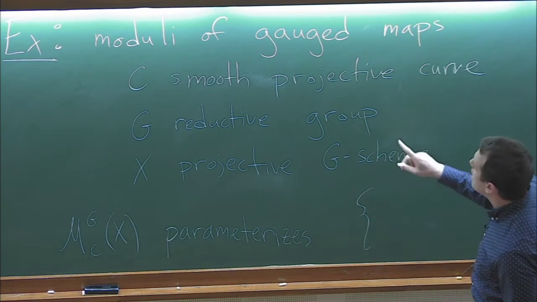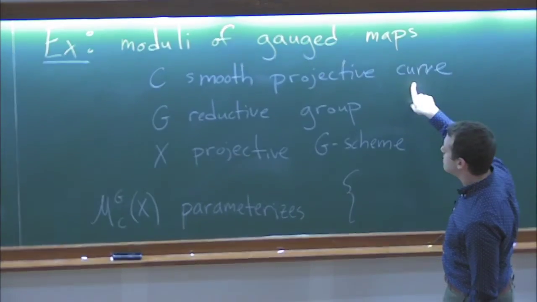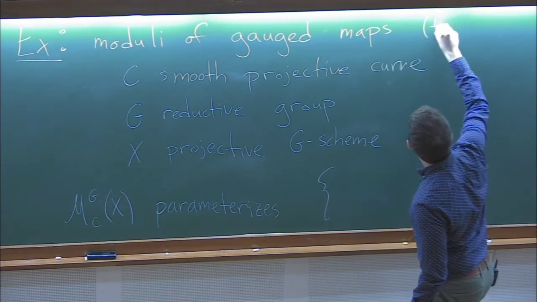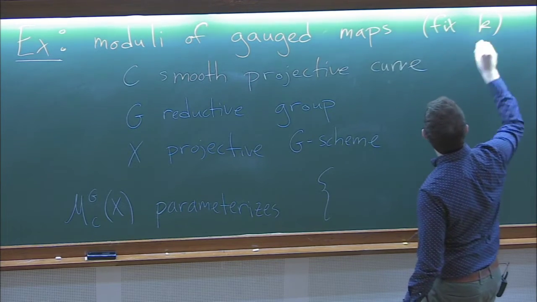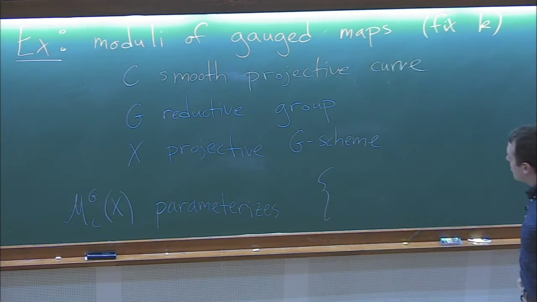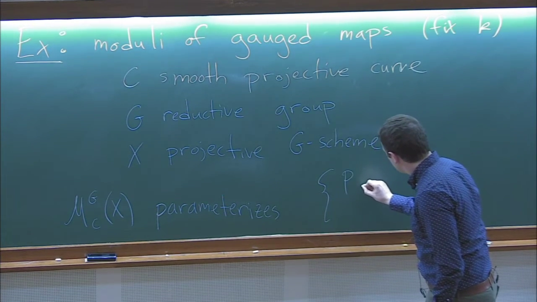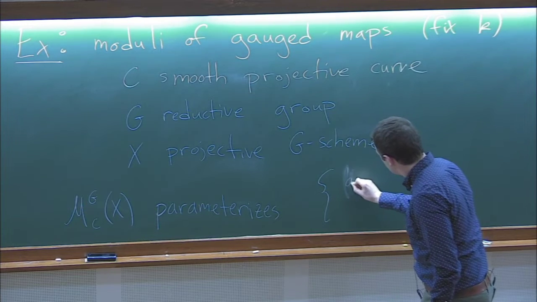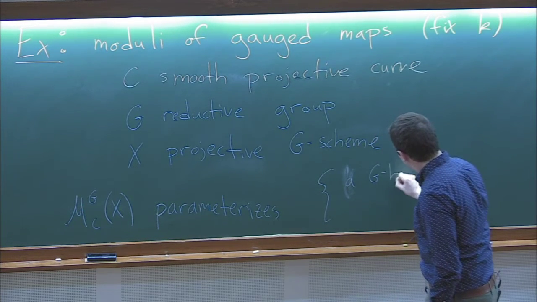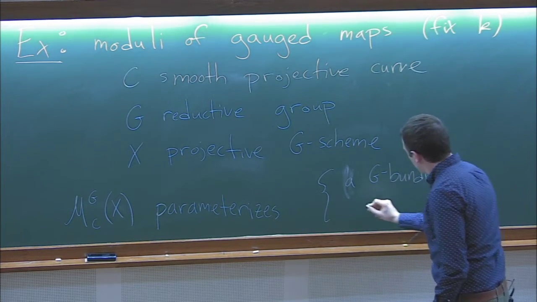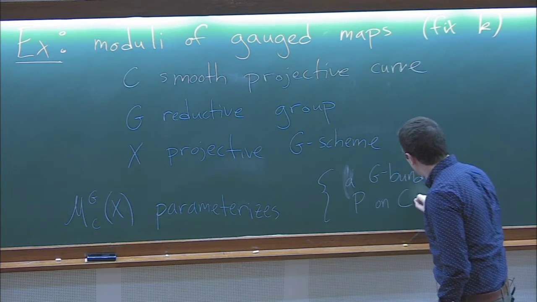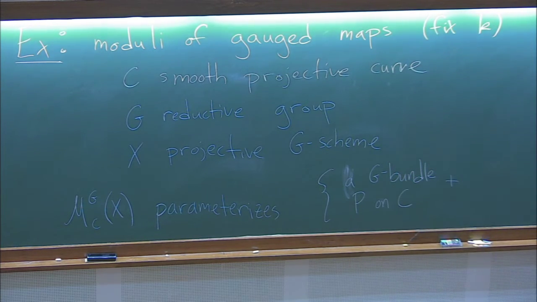So let me fix a ground field K. It parameterizes a curve, a principal G-bundle P on the curve C, plus the following data. So it's another curve, a diagram of this kind.